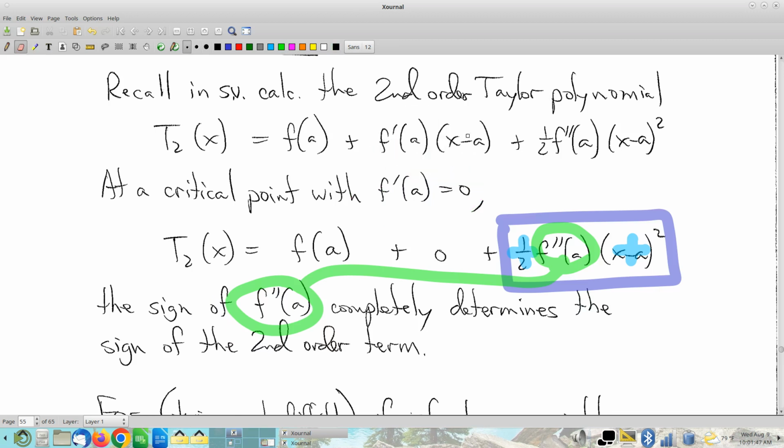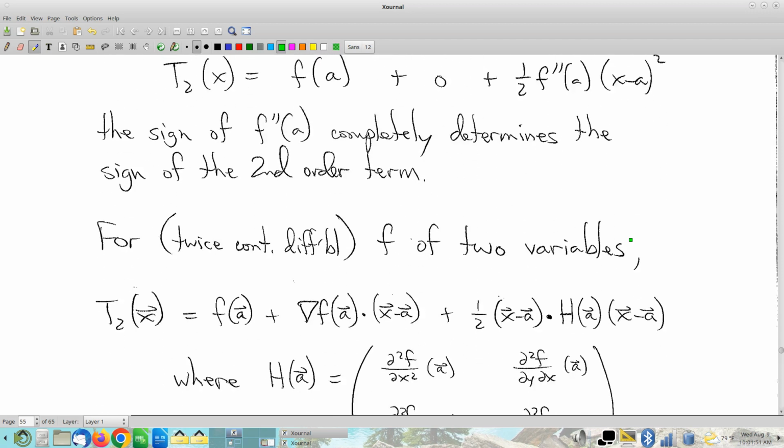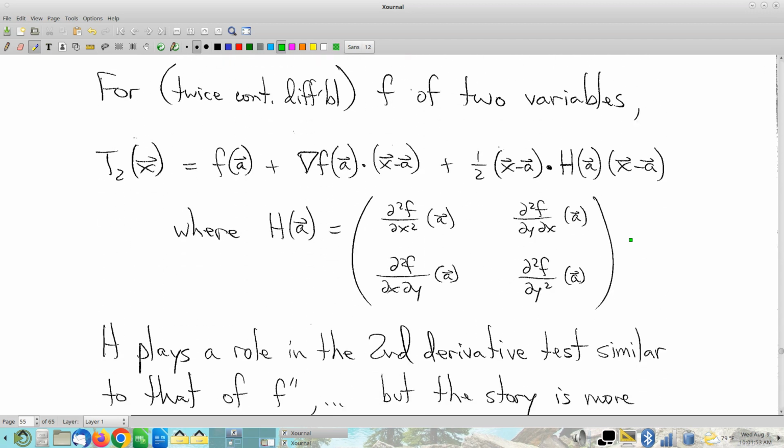So we would like to do an analogous argument. Now in the multivariable case, it does change quite a bit. The second order Taylor polynomial is actually a much more complicated critter. Taylor series in general for multivariable functions, much more complicated critter.